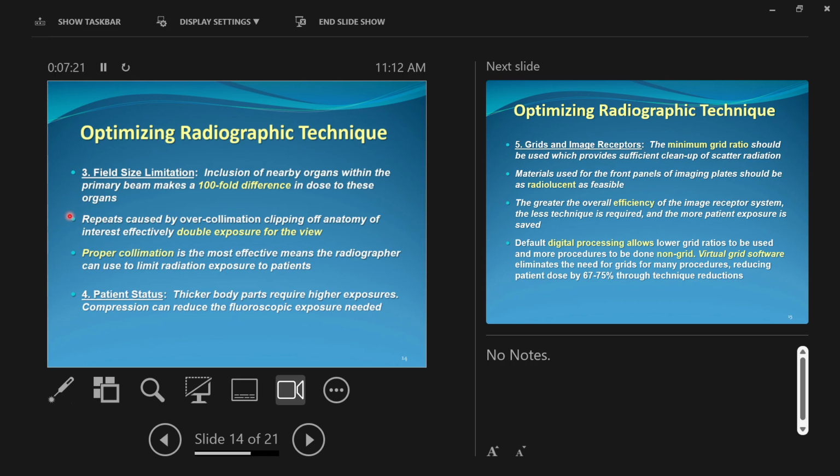You can see the film didn't get exposed out here, but did get exposed in here, okay? And down here they collimated too tightly at the bottom, and they missed the bottom of the humerus. They would have to then repeat that exposure, doubling the patient's exposure. So over-collimating is just as bad, maybe even worse, than leaving the collimated field too far open.